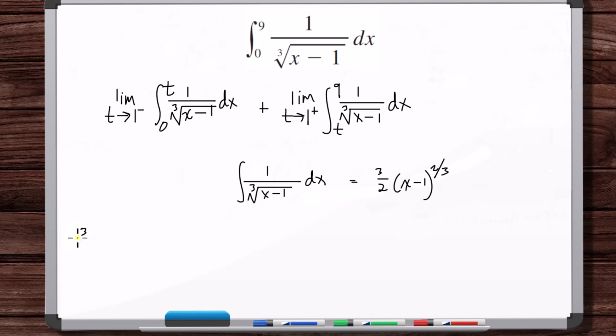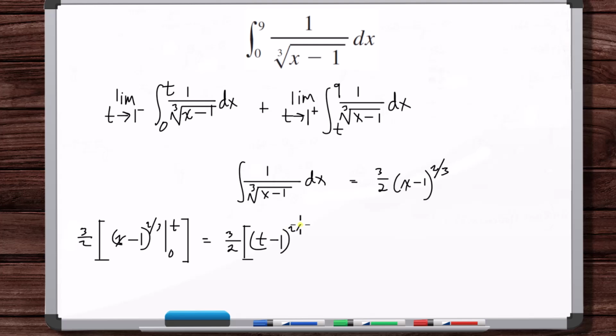Okay, so evaluating this from t to 0, you've got t minus 1 to the 2/3, and then minus 1 to the 2/3. So the cube root of minus 1 is minus 1.